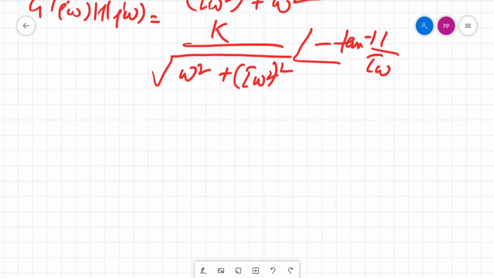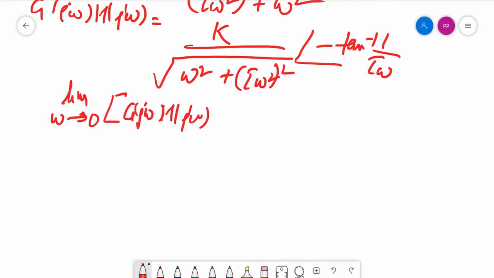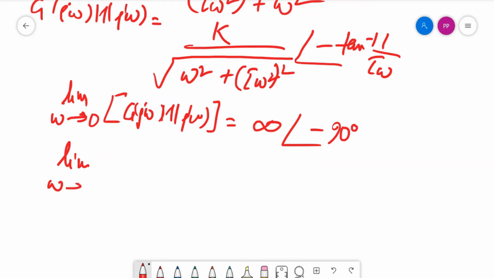So from here we can write further, for limit omega tends to 0, G(j omega)H(j omega) equal to, you see here denominator becomes 0, so magnitude would be very high, and here again that is why this comes minus 90 degree, that is tan of 90 degree is infinity, so minus sign is there in front of tan inverse.